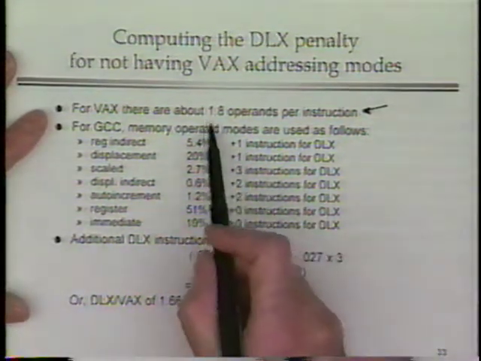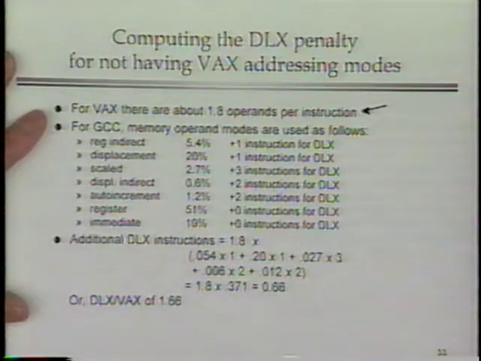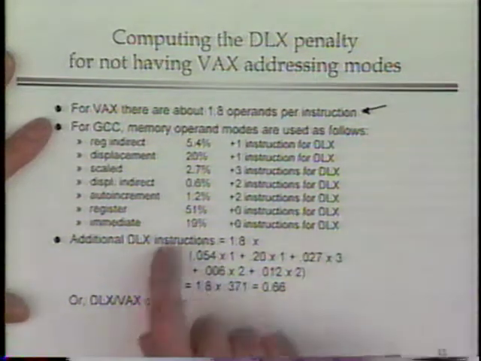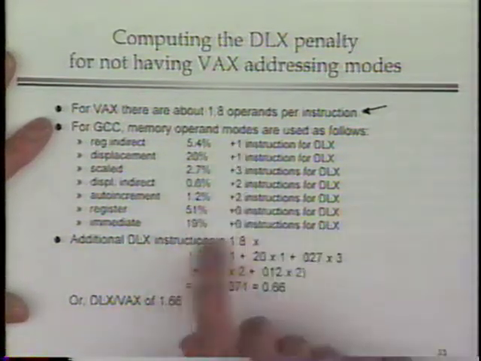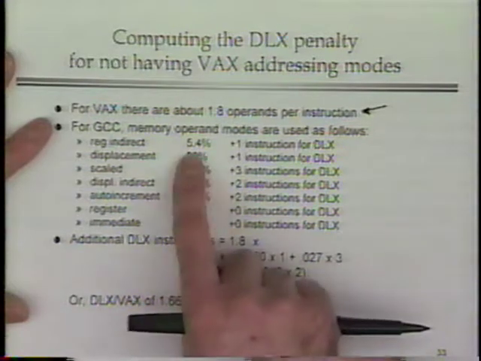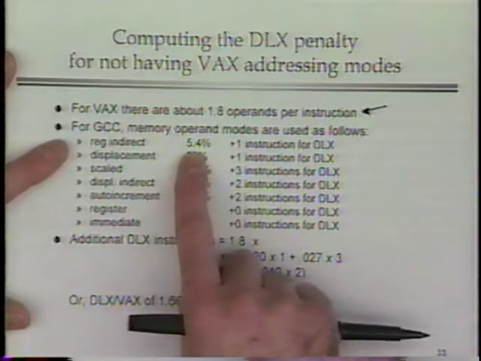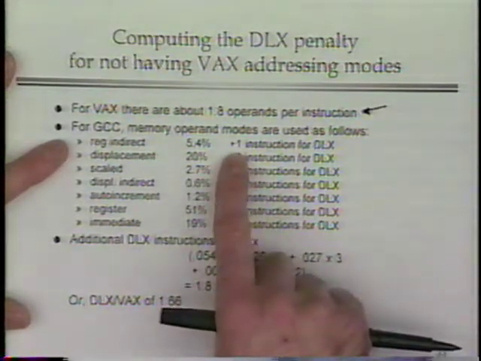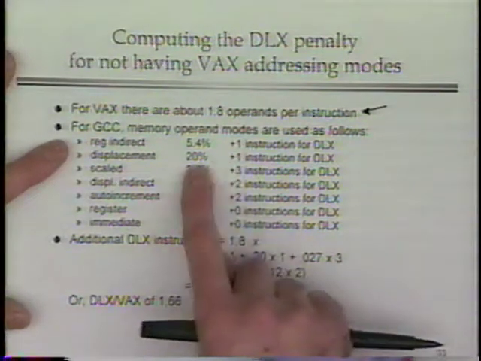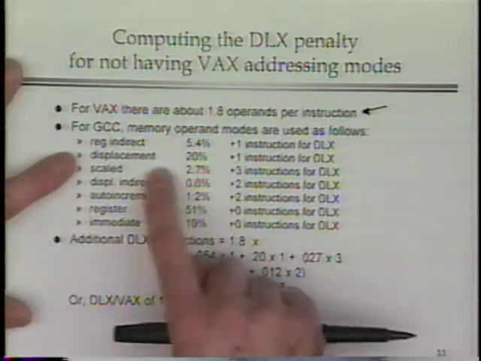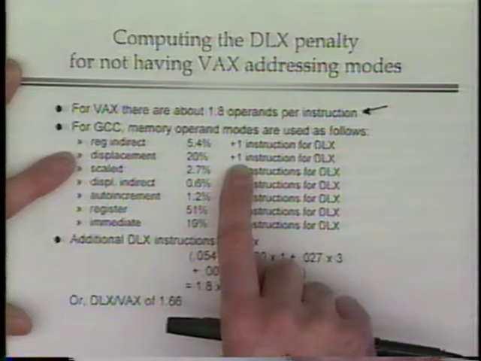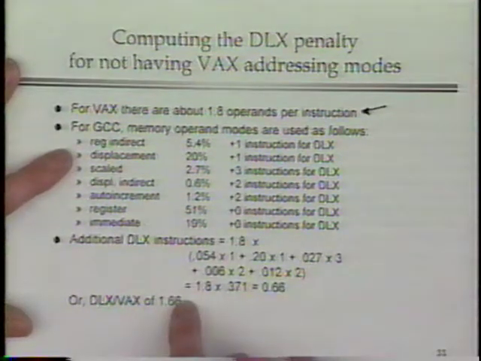And in fact, it turns out that for the VAX, there are about 1.8 operands per instruction, either memory reference or not. So we just go through a standard kind of inner product, or weighted average. We know that 5.4% of the operands cause a 1 instruction penalty for DLX, 20% of the operands are displacement, and they cause a 1 instruction penalty for DLX, and so forth.